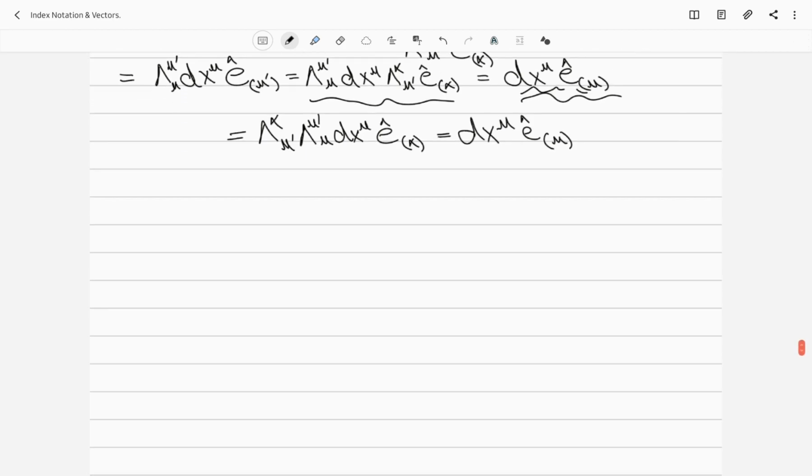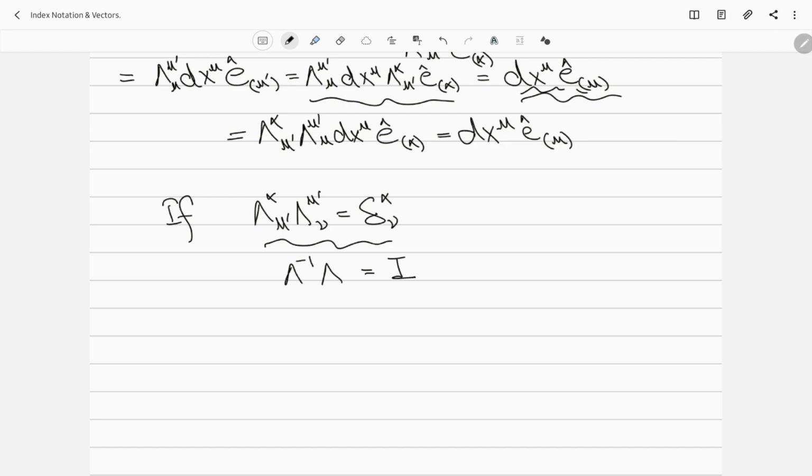Now consider that if we have lambda^α_μ' times lambda^μ'_ν, this is equal to the delta function, delta^α_ν. So of course when alpha and nu are the same, this gives you 1. When they're not, it will vanish. This thing is simply lambda inverse lambda is equal to identity.